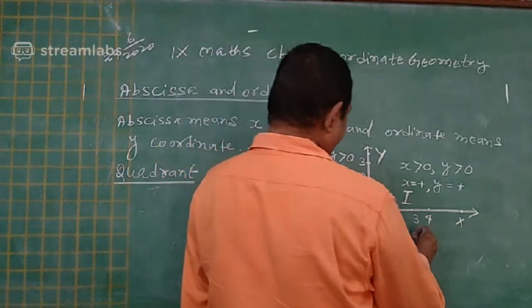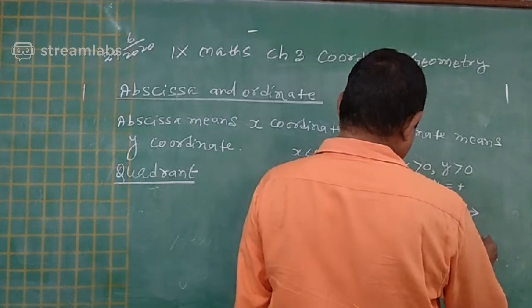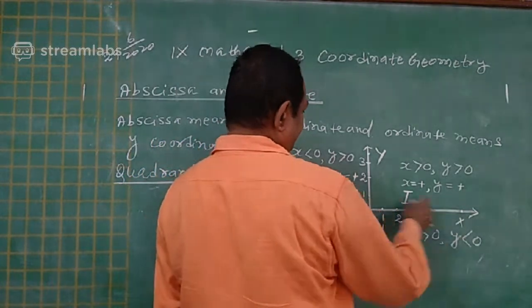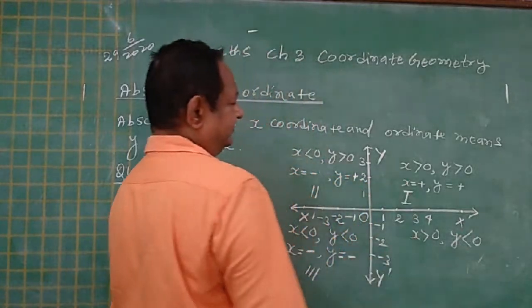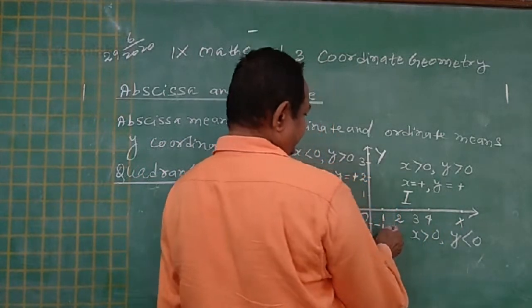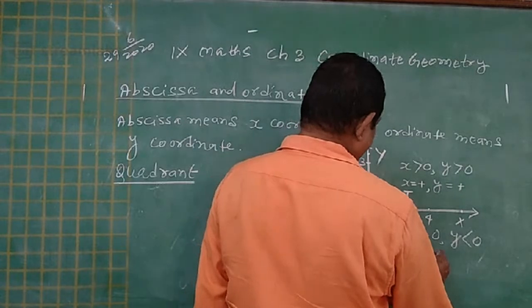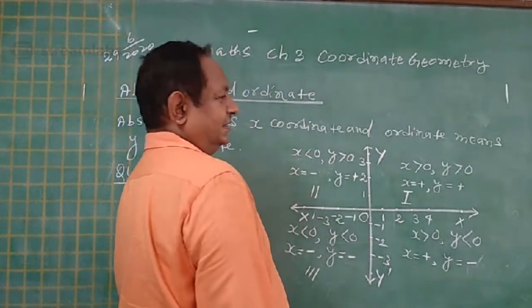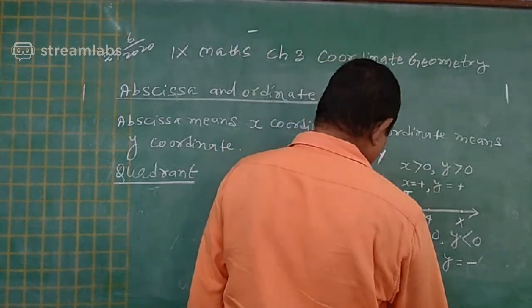In fourth quadrant, x is greater than 0, but y is less than 0. So x is positive and y is negative. This is called fourth quadrant.